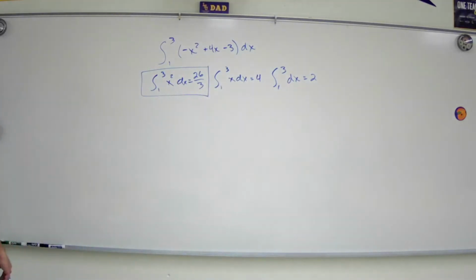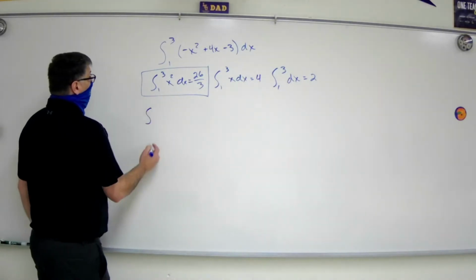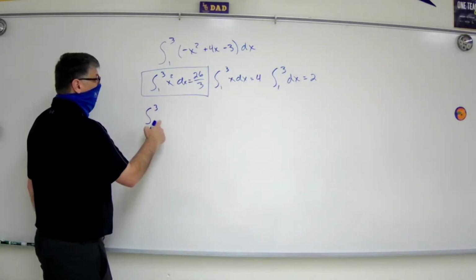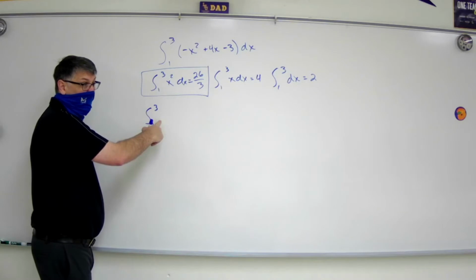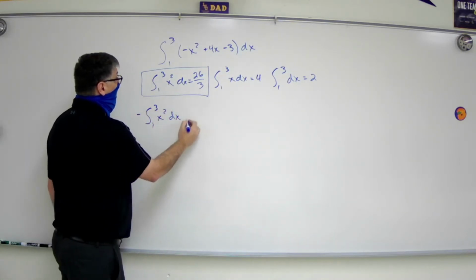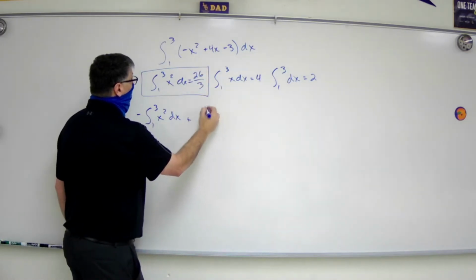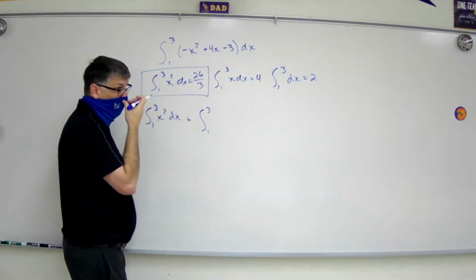So here we go. I see pluses and minuses. What's the first thing you think of? Split it. So I'm going to do the integral from 1 to 3 of negative x squared, but where can I put the negative? Out in front, x squared dx. Plus another integral from 1 to 3 of 4x, but where does the 4 go?